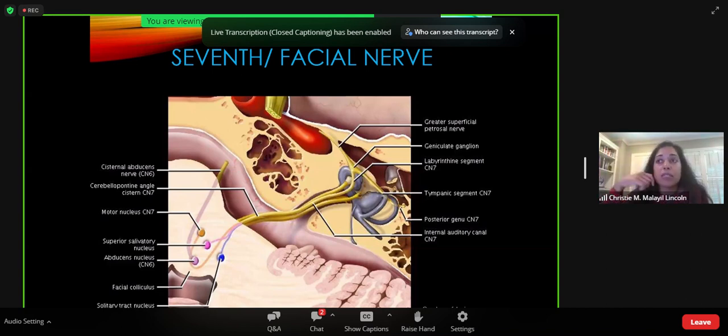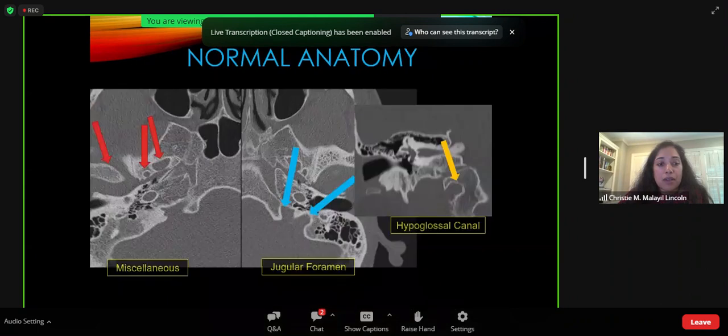Then it goes back and becomes the tympanic segment, and then has the second genu or posterior genu, and then descends as the mastoid or descending segment. I hope this is clear. I know it's a lot of anatomy, but I have more anatomy.